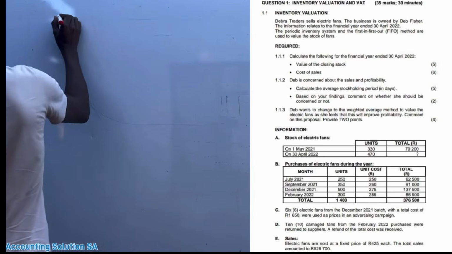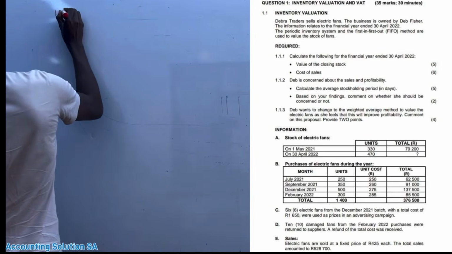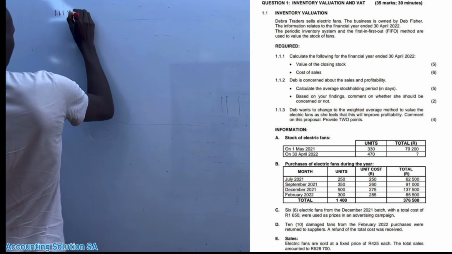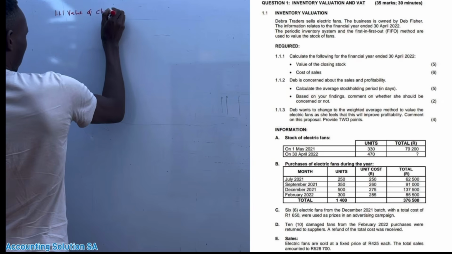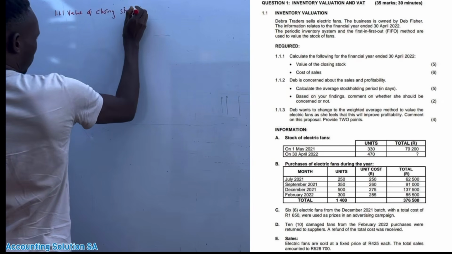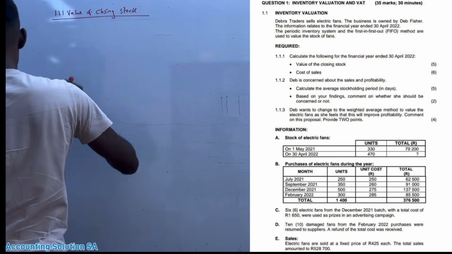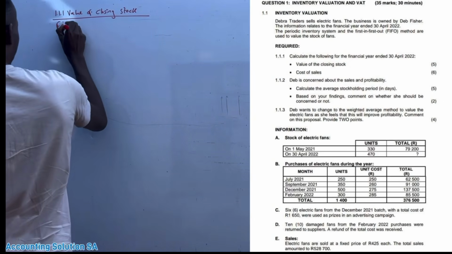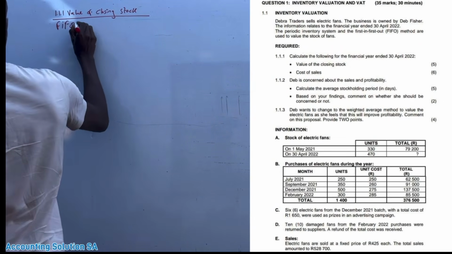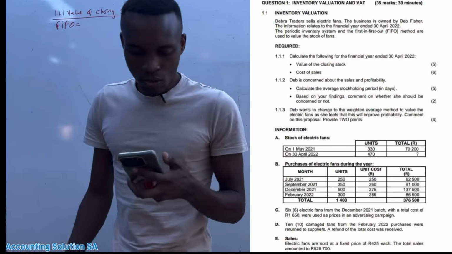Okay, then we have 1.1.1, we have to calculate the value of closing stock. Remember, this business applies the method of first in first out. Now let's look at our information.